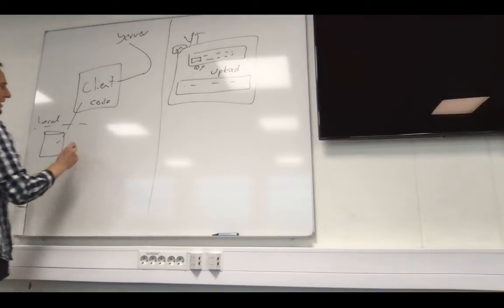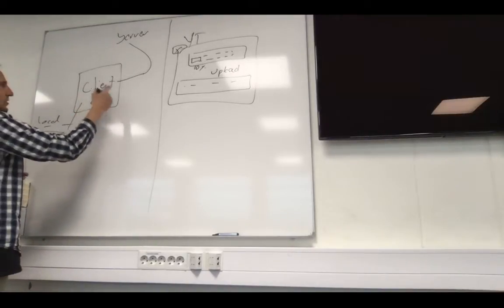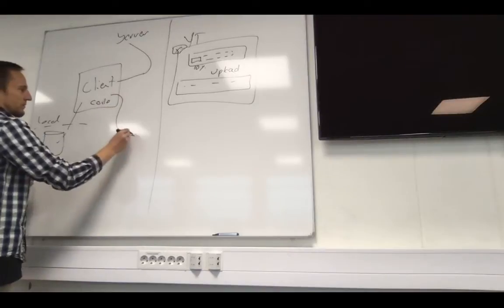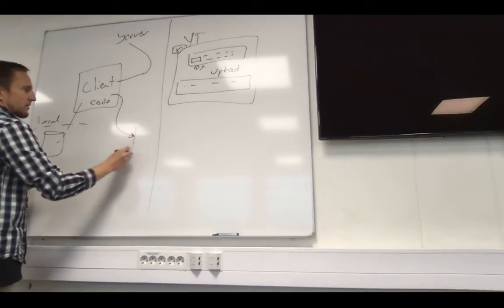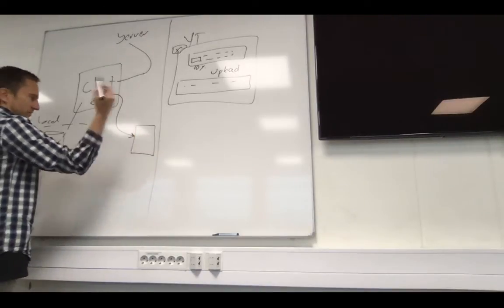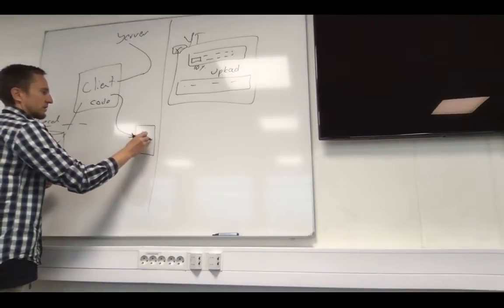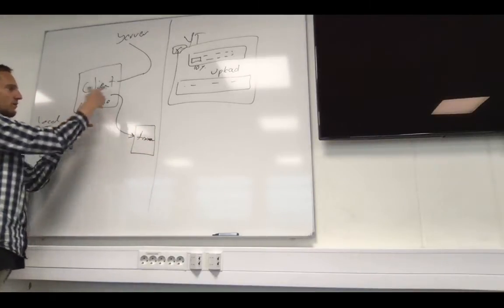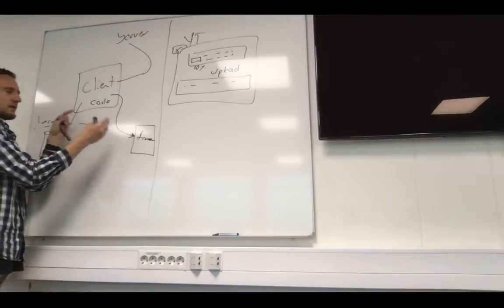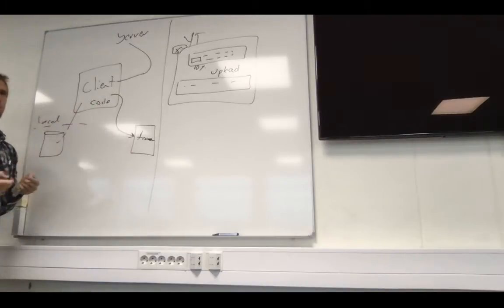Okay, what will happen if you have a client code which connects to a service? So let's use Fixer, right? So we connect to Fixer, we ask Fixer for something, and then the reply doesn't come. What will happen?